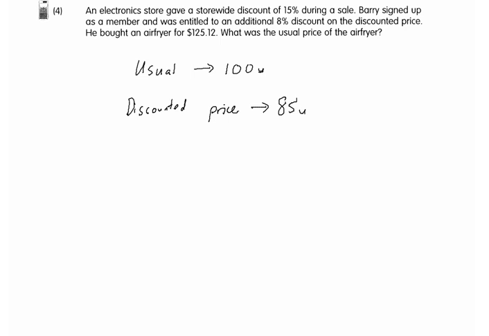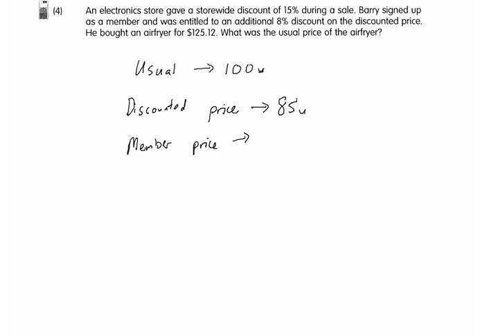Okay. So now he was entitled to an additional 8% discount, because he's a member. So I'm looking at a member price. He will enjoy an additional 8% on this. So will he be paying more than 85 units or less than 85 units? Brandon? He will be paying less, right?